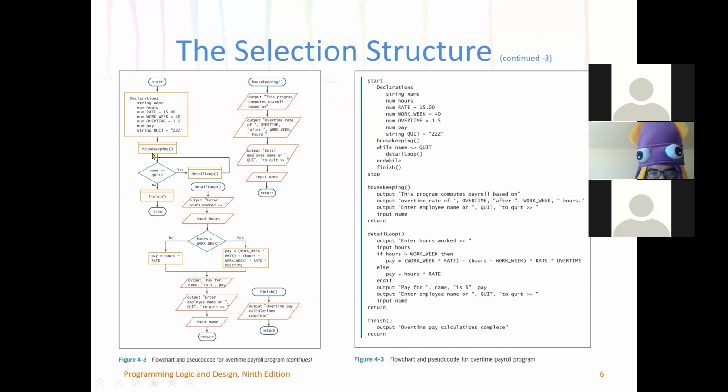Now we have a function here called housekeeping. If I execute this function, it will give me an output saying that this program computes the payroll based on an overtime rate of whatever the overtime is, 1.5, after 40 hours.